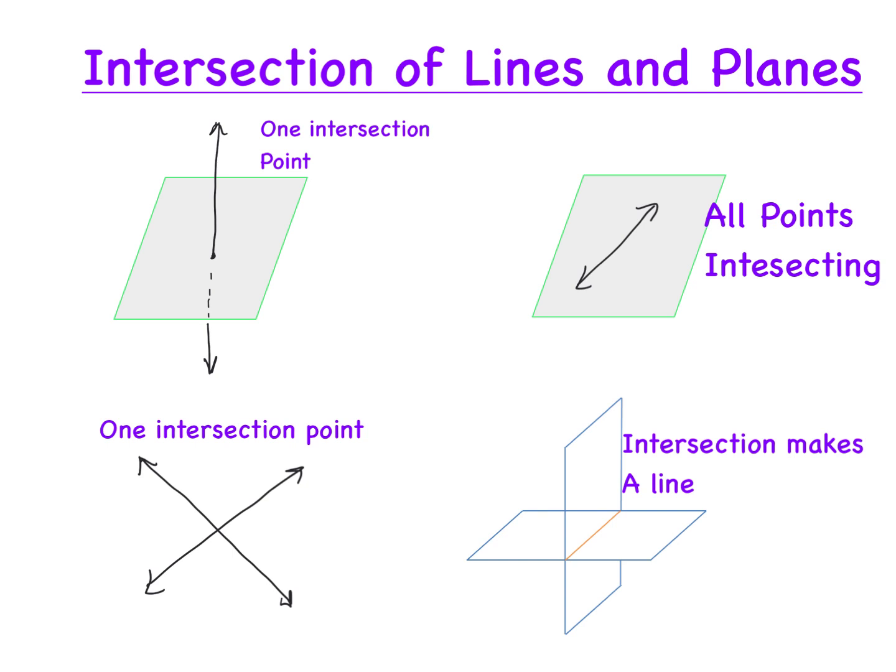The next one is one intersection point, and that's where you just have two lines that cross ways. Okay? Right there where they cross is the intersection point. So if I was going to mark it here, I'd take note that the intersection point is right there. And a lot of times you'll see a letter right there.